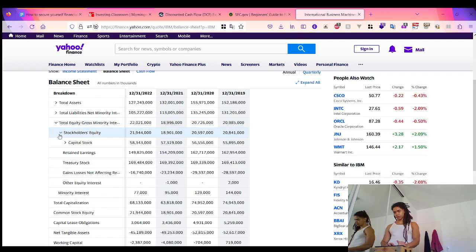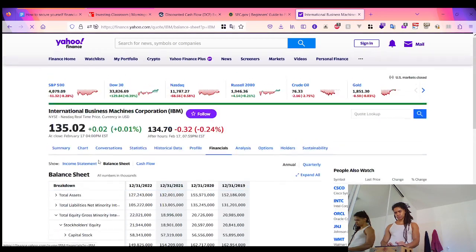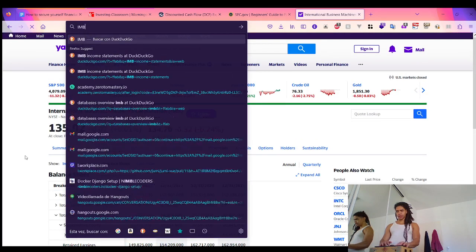So equity, stockholders' equity, retained earnings. Let me see IBM dividends.